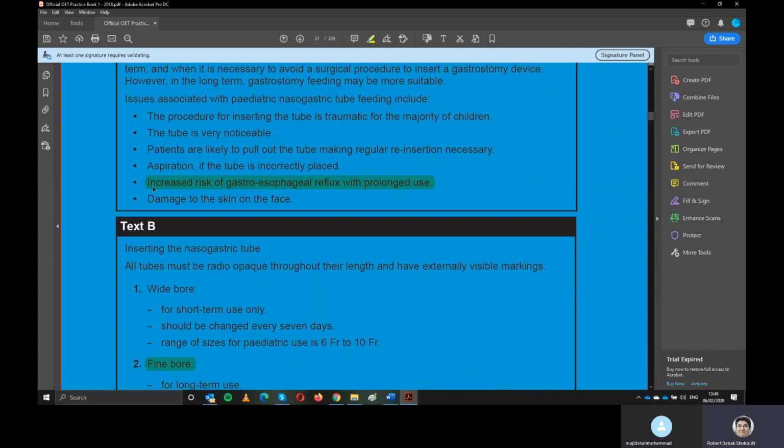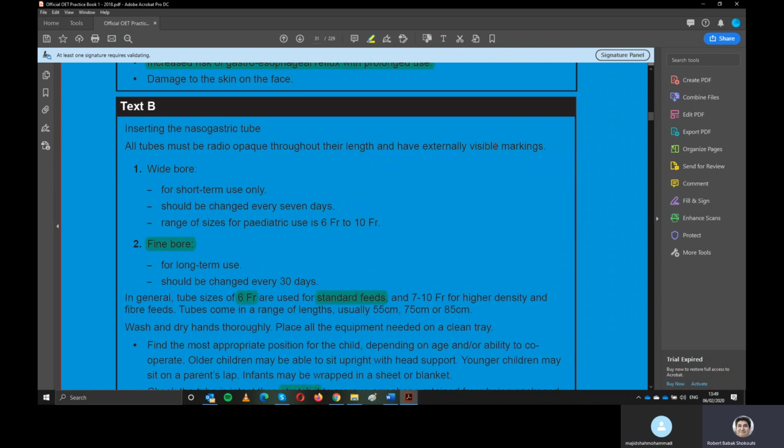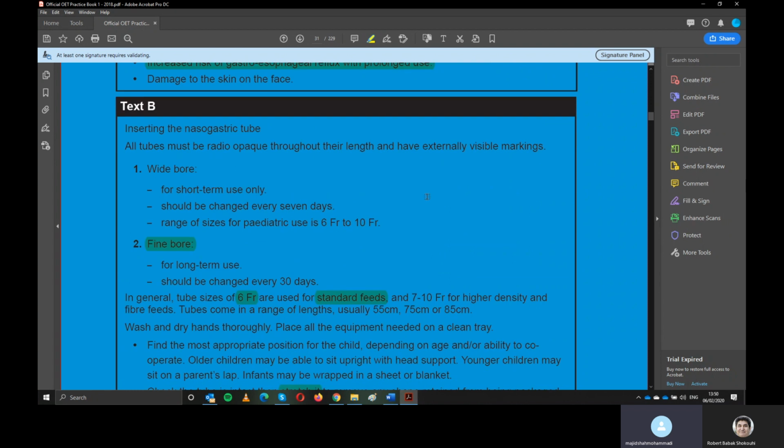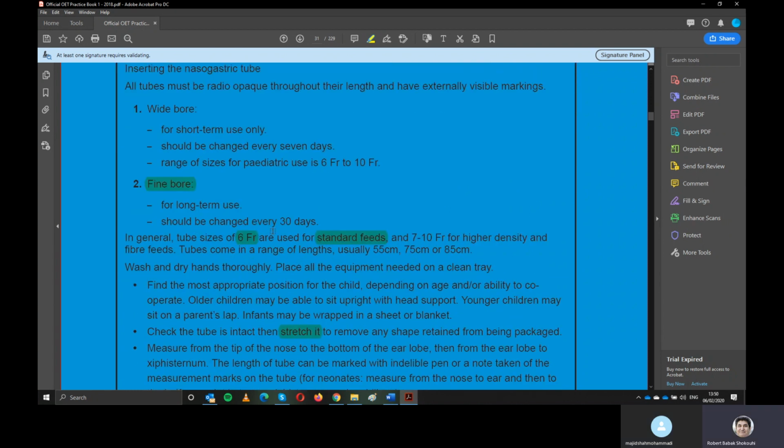With prolonged use, increased risk of gastroesophageal reflux. But here not mentioned directly. Let's have a look, for long-term use, maybe here. It says it should be changed every 30 years.